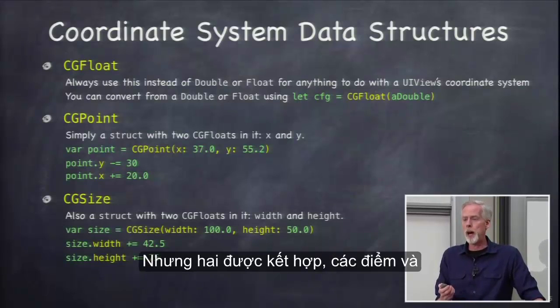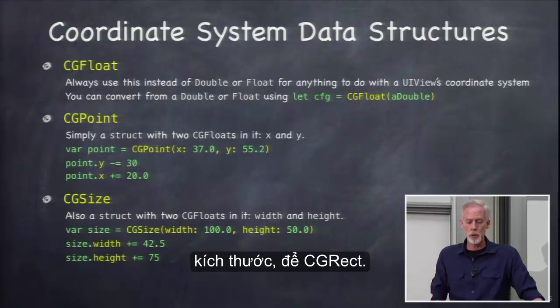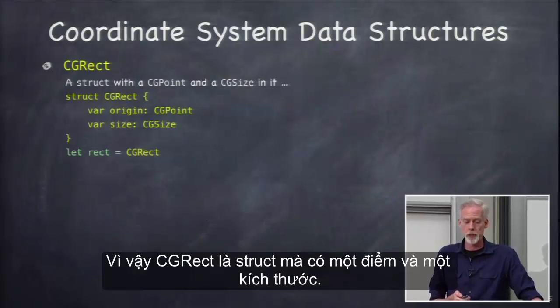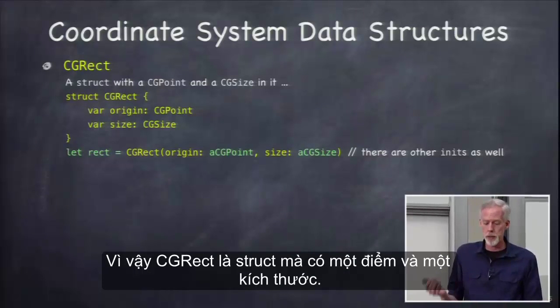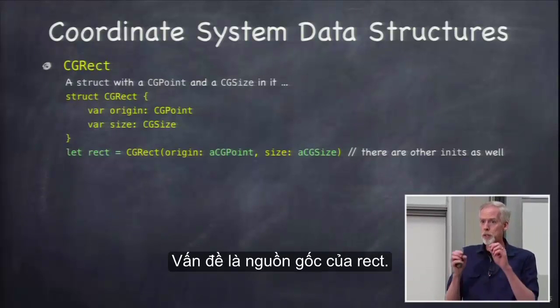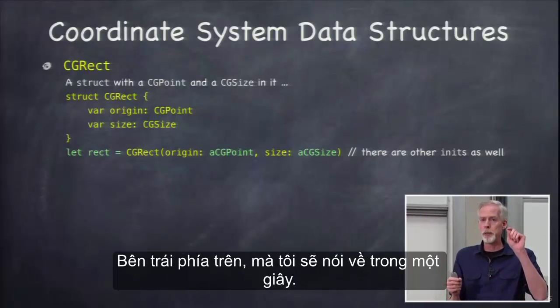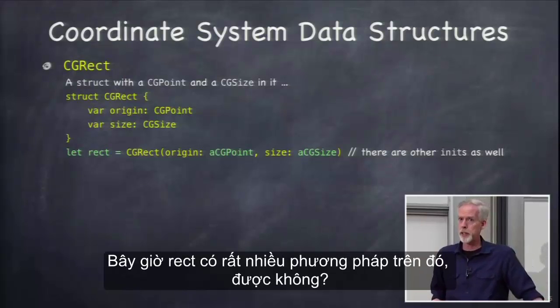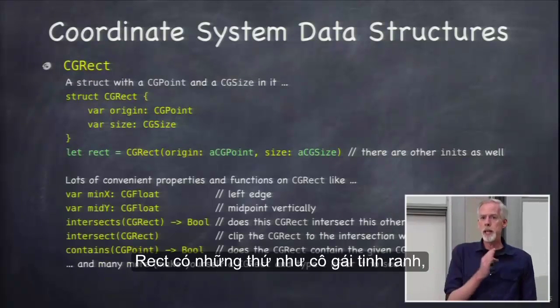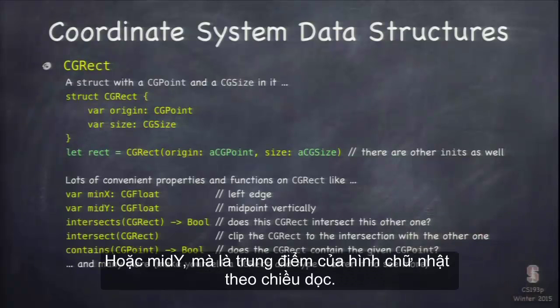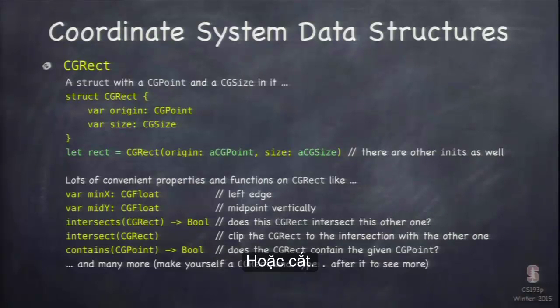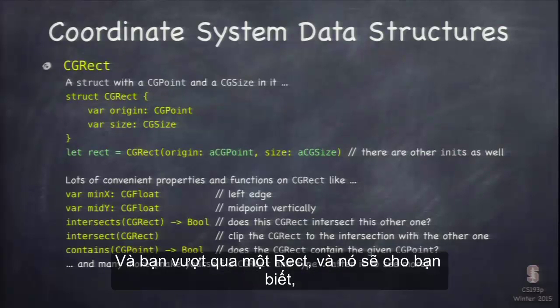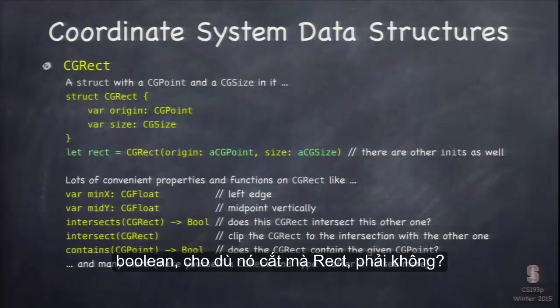But these two are combined, the point and the size, into CGRect. So a CGRect is a struct that has a point and a size. The point is the origin of the rect, upper left, which I'm going to talk about in a second. And then the size is the width and height. Now rect has a lot of methods on it. Okay, rect has things like minX, which is the left edge of the rect, or midY, which is the midpoint of the rectangle vertically, or intersects, and you pass it another rect, and it'll tell you with a Boolean whether it intersects that rect, right?